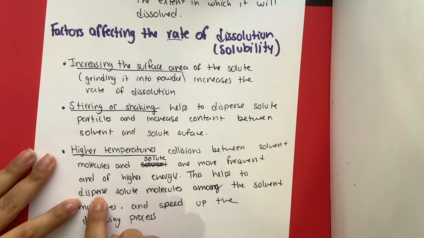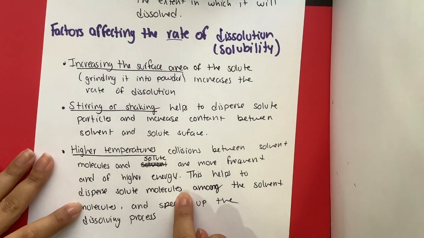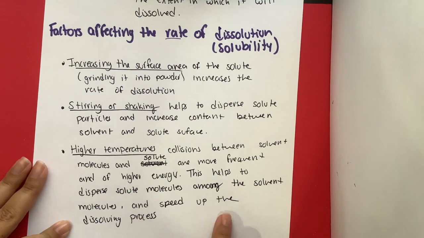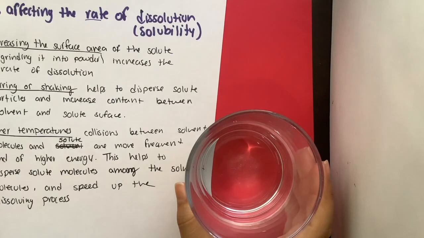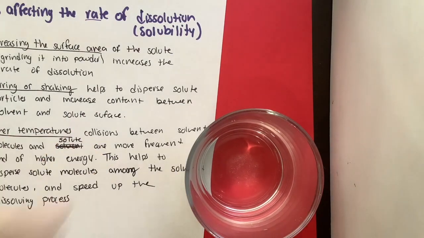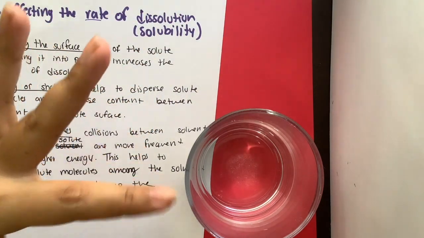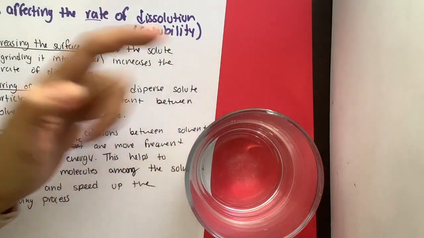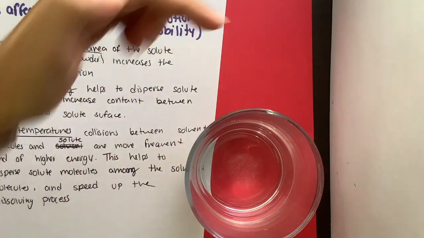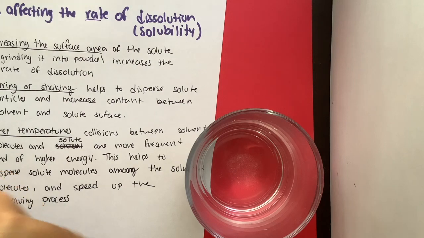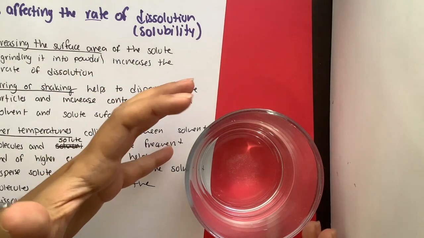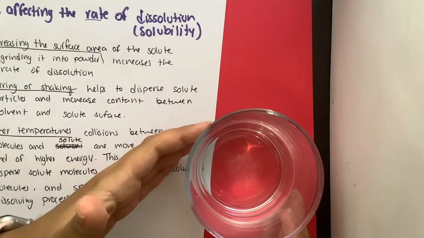This helps to disperse the solute molecules among the solvent molecules and speed up the dissolving process. If I were to heat this up, giving the solution energy, it would make the water molecules and the salt move faster, making my salt dissolve faster.